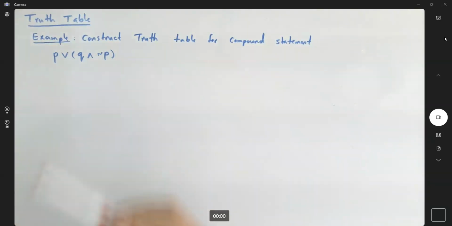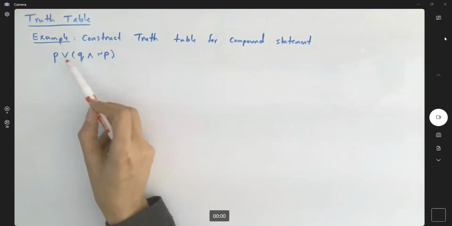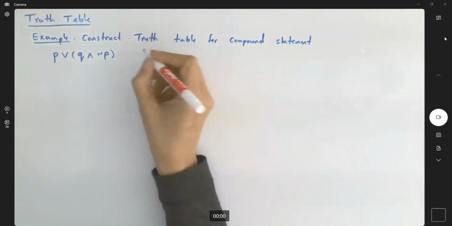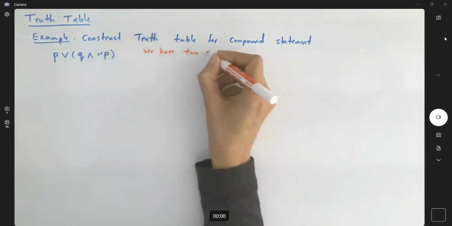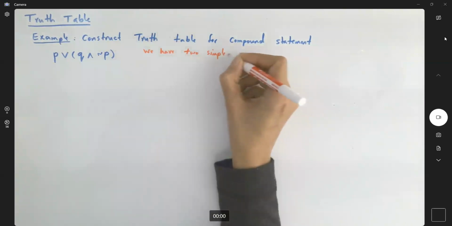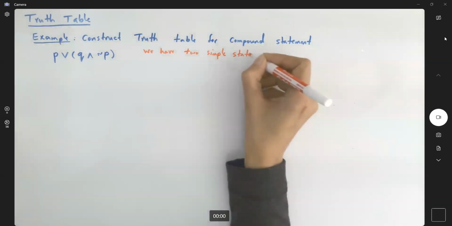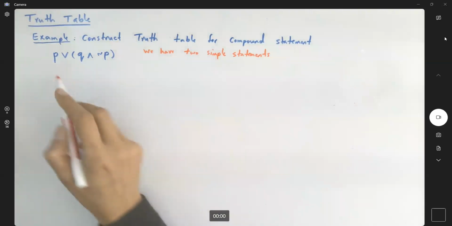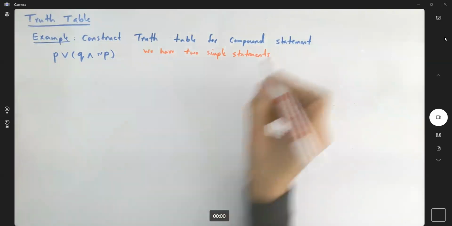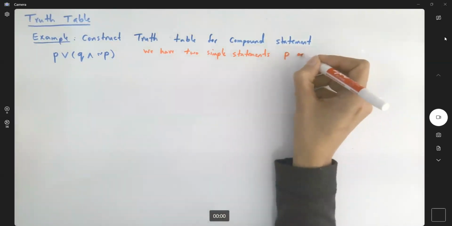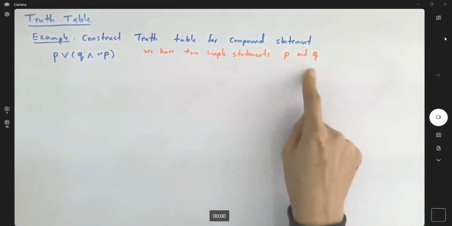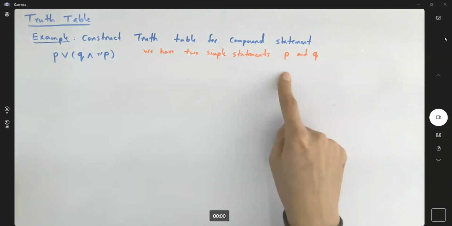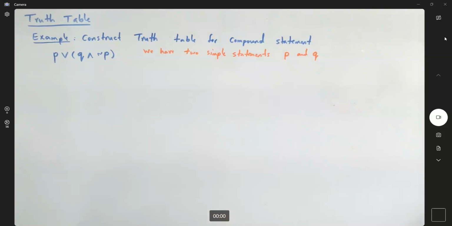First of all, identify your simple statements. We have two simple statements. What are they? They are P and Q. So what's the meaning of that? It means that we're going to have 2 to the second power, or 4 rows.